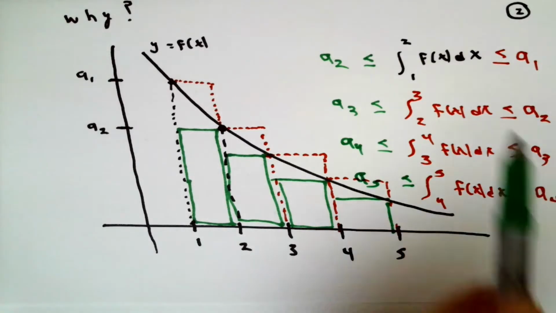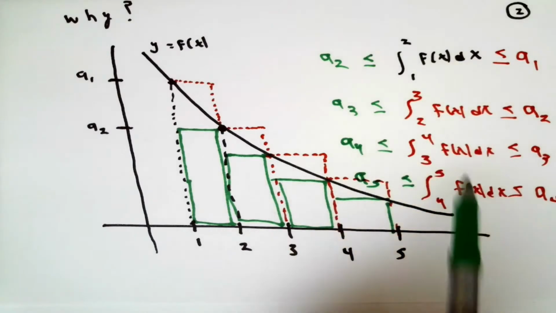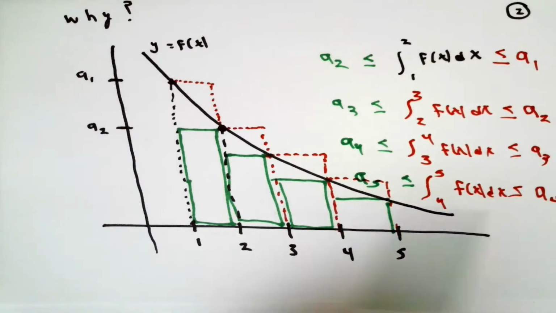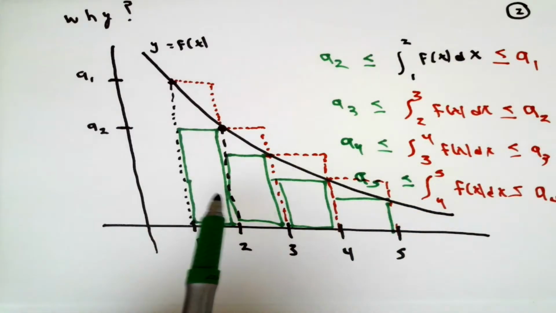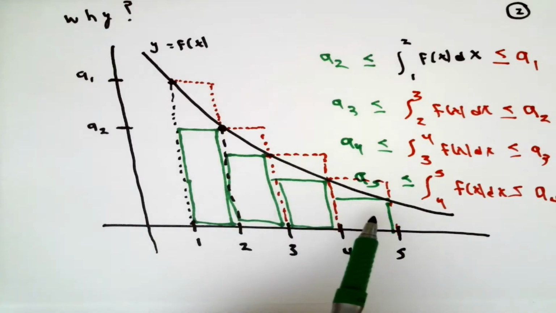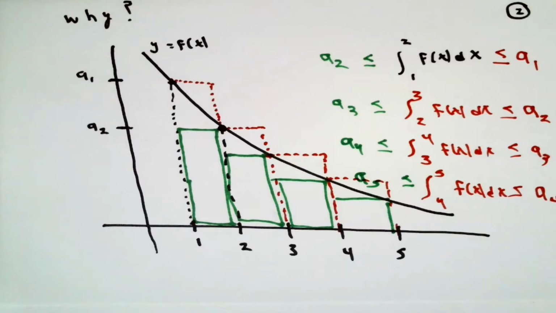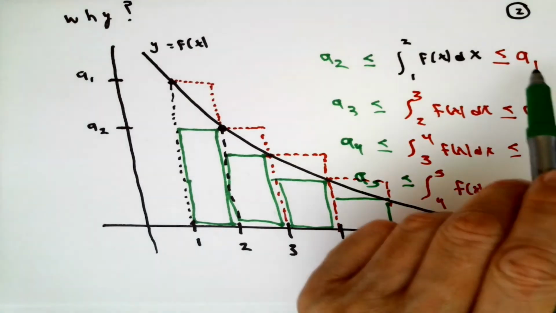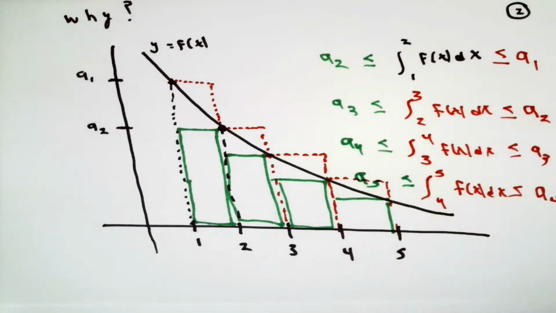If I were to add all of these integrals, it would be the area under the curve plus that one, plus that one, plus that one. It would be the integral from 1 to 5 of f of x dx. If I were to add these numbers, I would get a_1 plus a_2 plus a_3 plus a_4.